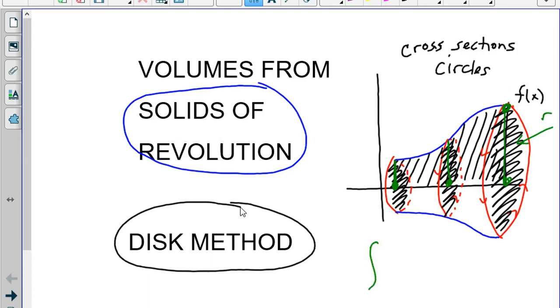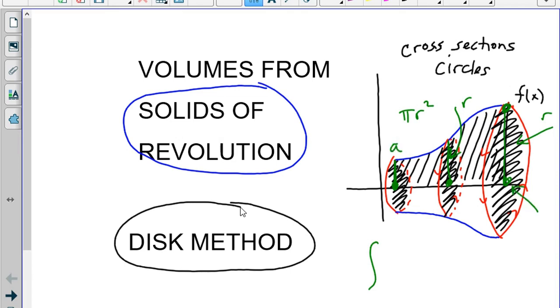So if I want to find the volume of this, I'm going to use an integral, but before I do that, I want to think a little bit out loud. The area of each of these circles is pi r squared. Once again, r is changing, and that's based on the height of f of x, or the actual location of f of x and what each of these r values is. But the area of each of these circles is pi r squared, and then I have to account for how far I'm going.